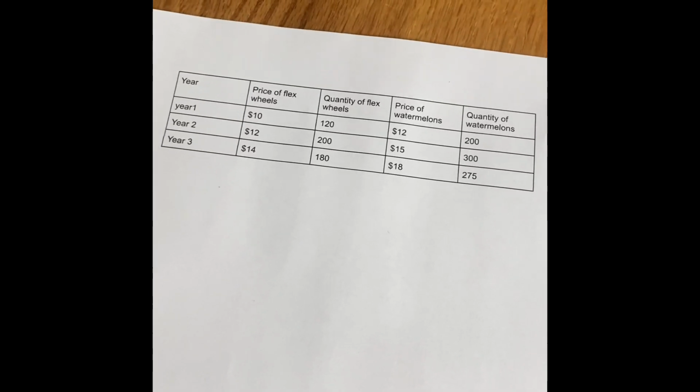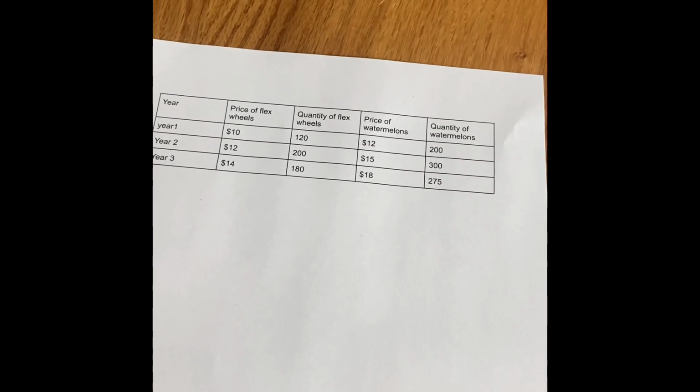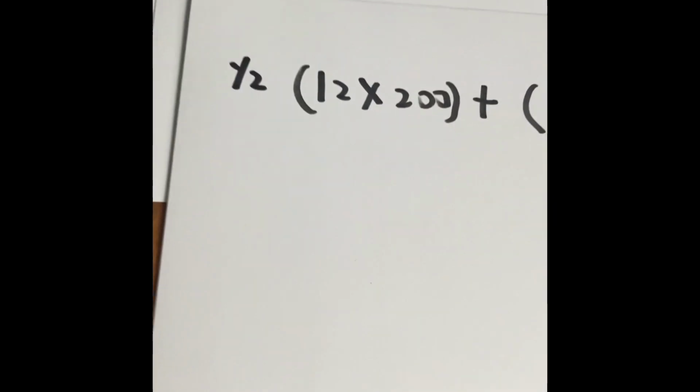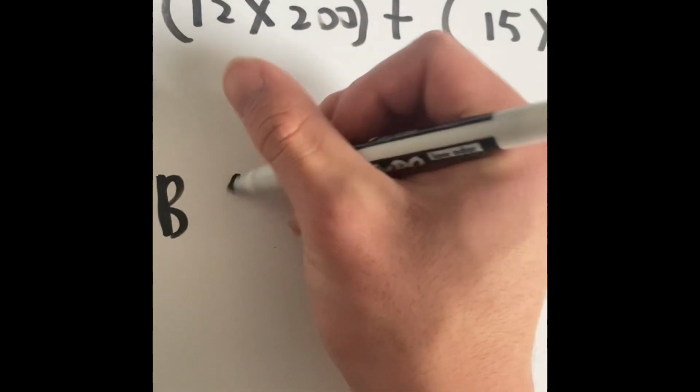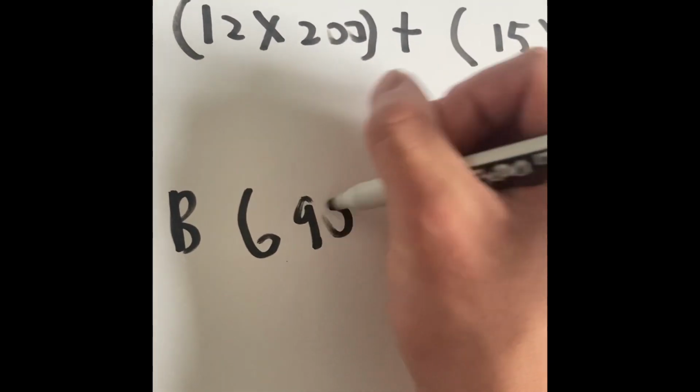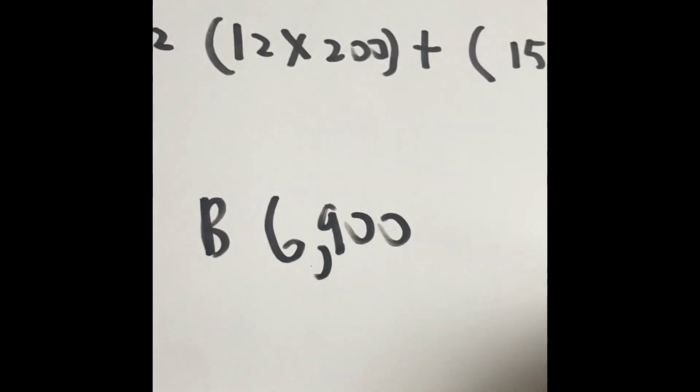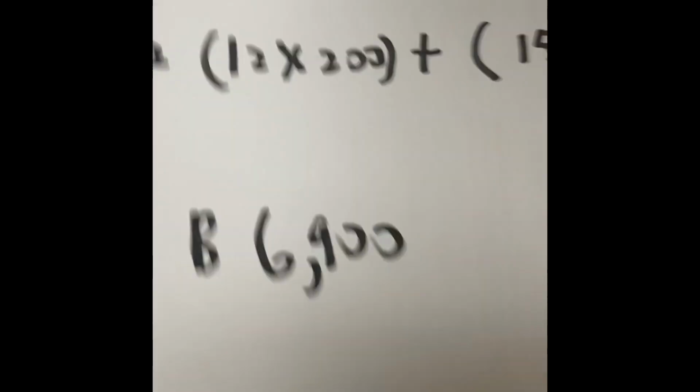When we do the calculations and do order of operations, we're going to get an answer for year number 2 as a GDP of 6,900.